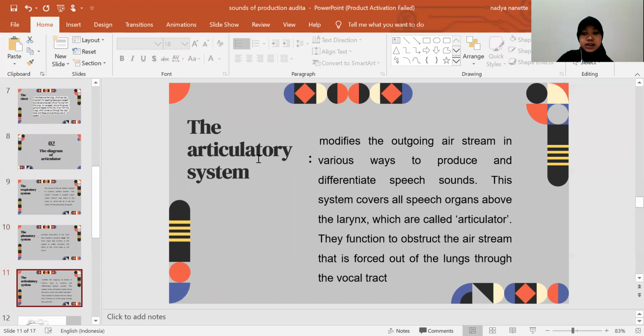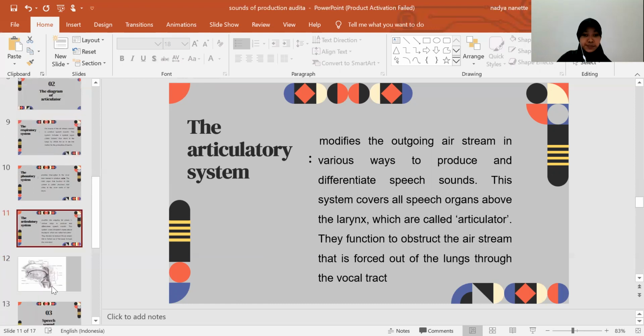Third is the articulatory system, which modifies the outgoing air stream in various ways to produce and differentiate speech sounds. This system covers all speech organs above the larynx, which are called articulators. They function to obstruct the airstream that is forced out of the lungs through the vocal tract.